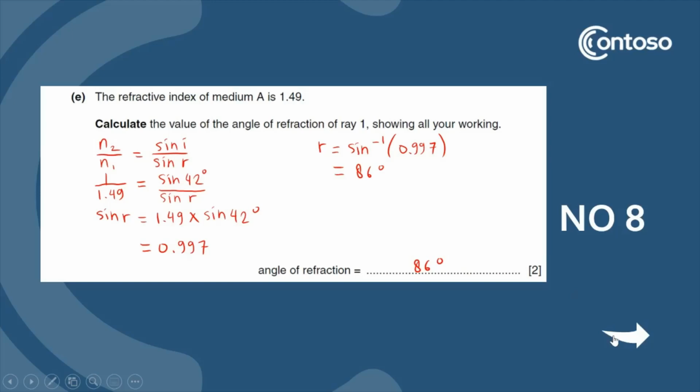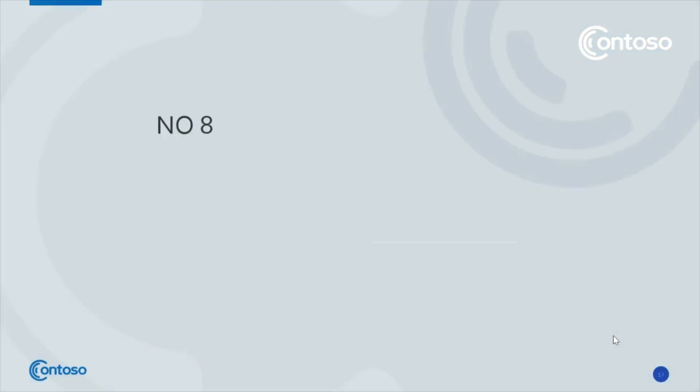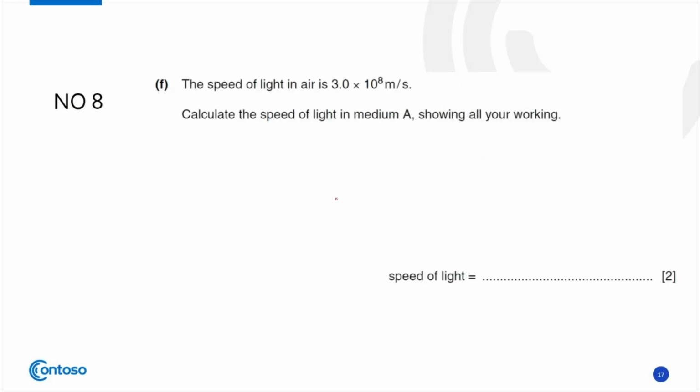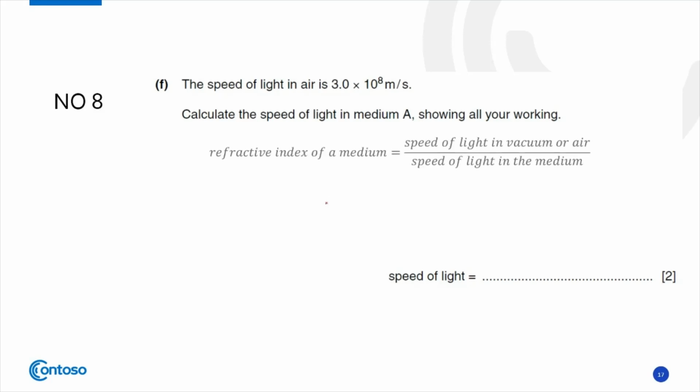Let's continue to question number 8f. The speed of light in air is 3 times 10 to the power of 8 meters per second. Calculate the speed of light in medium A, showing all your working. To answer this question, we will use the formula: refractive index of a medium equals the speed of light in vacuum or air over the speed of light in the medium. From the problem, we know that the refractive index of medium A is 1.49.